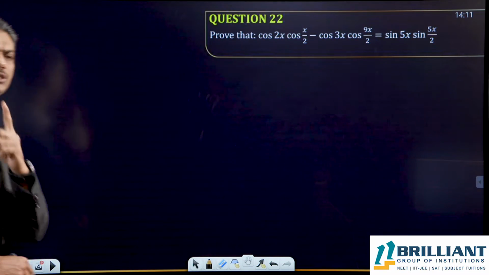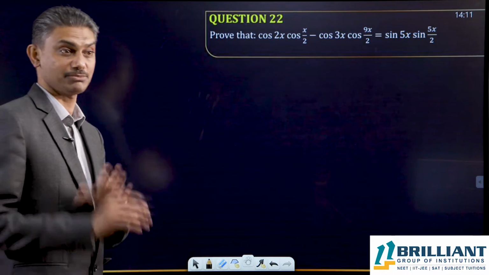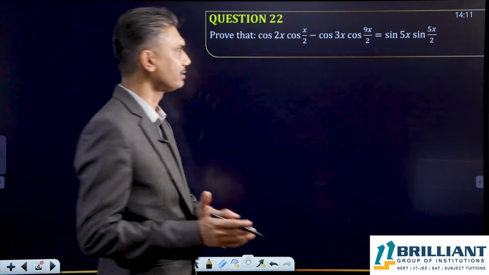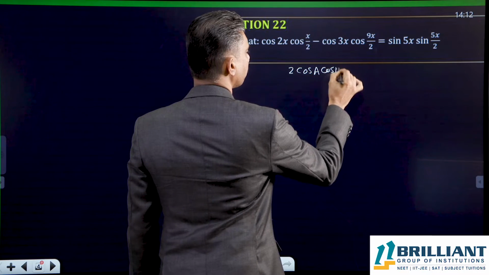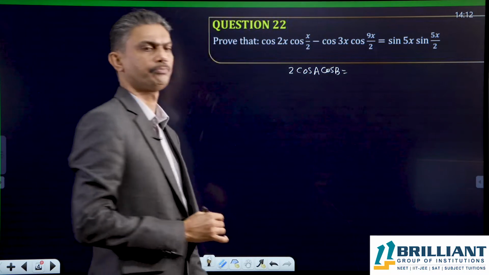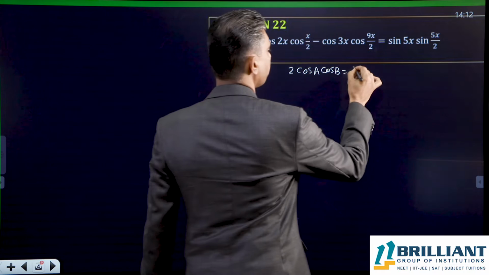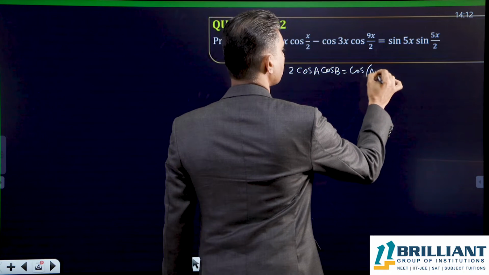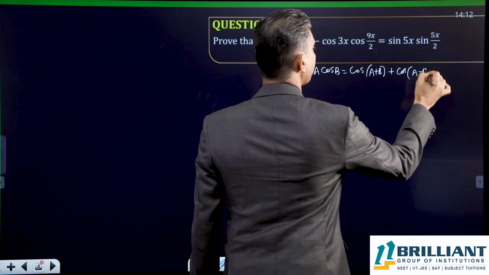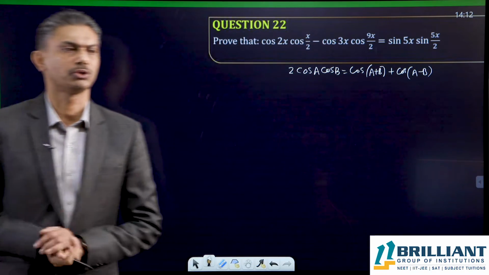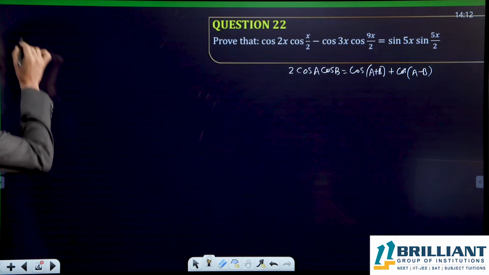See, I need two formulas. Again, I am saying you must learn the formulas by heart. 2 cos A cos B is equal to cos of A plus B plus cos of A minus B. So, this identity you must know. So, I am writing the LHS.